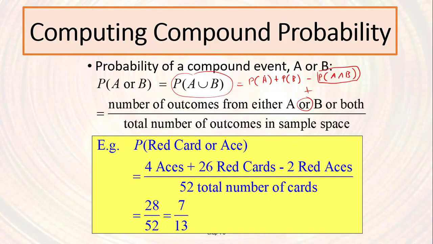So probability of A, for example, look at it. This is A, this is B. So this is the intersection. If you take the probability of A, it is this one. Probability of B is this one.